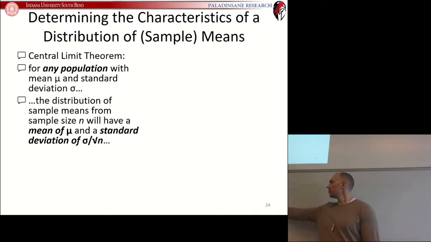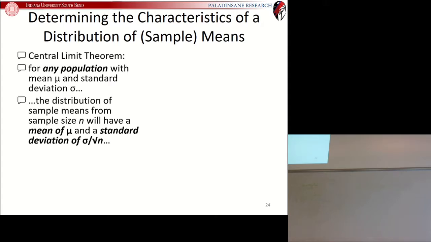Okay? Population standard deviation of 40, sample size of 25. What is the standard deviation of your distribution of sample means? So we go 40 divided by the square root of the size of your sample, 25. That equals 40 divided by 5. That equals 8.